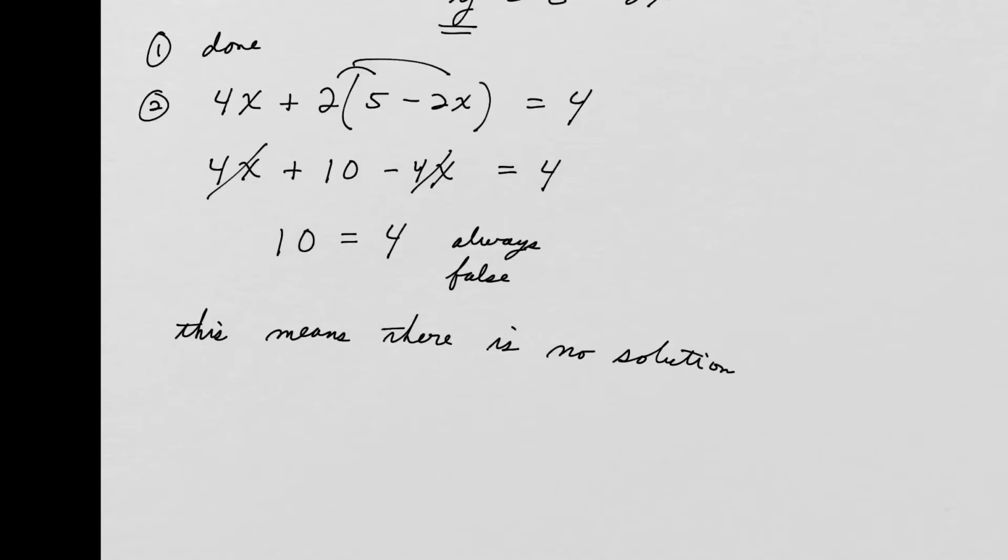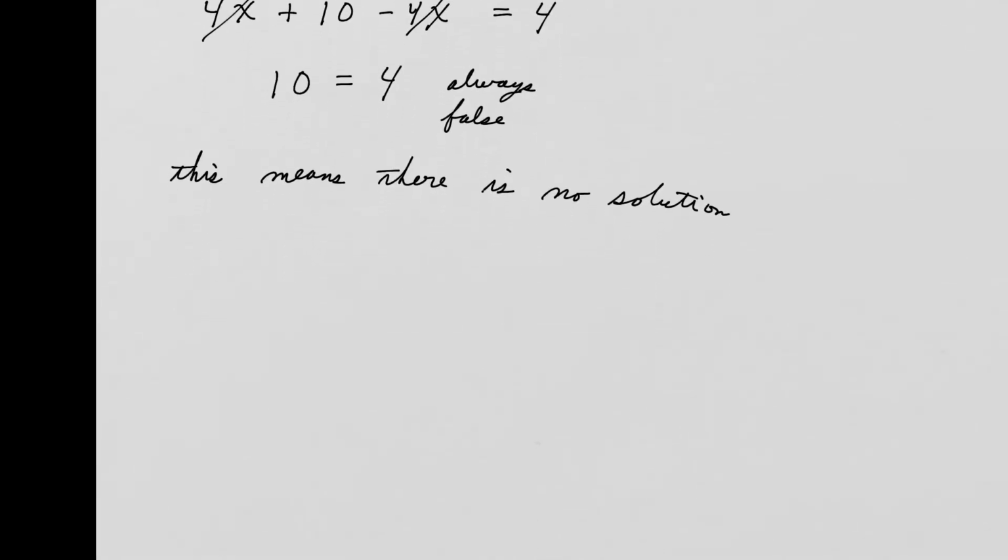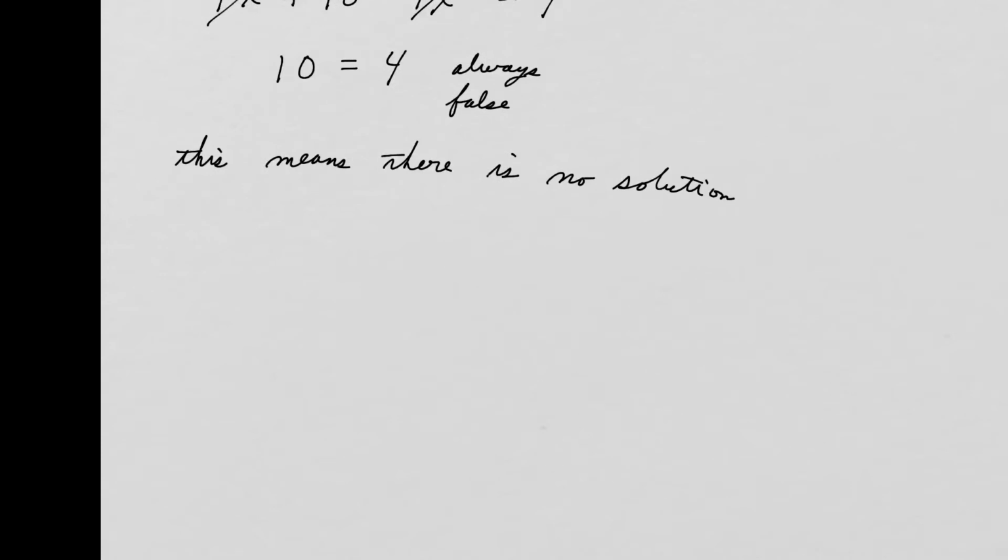So what does it mean about those two original lines if there's no solution? Well, those two lines must be parallel, right? They never cross. Remember, the solution is where the two lines would cross. So if there's no solution, it means the lines are parallel. So they never cross.